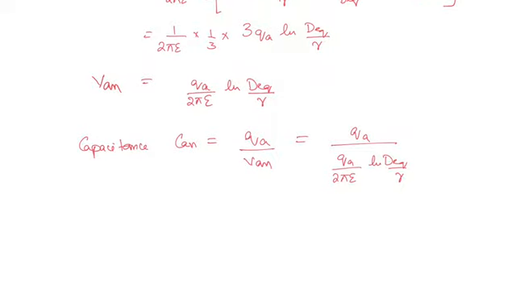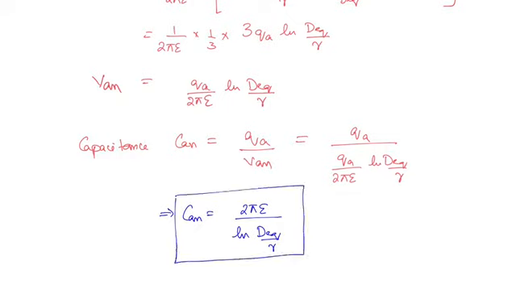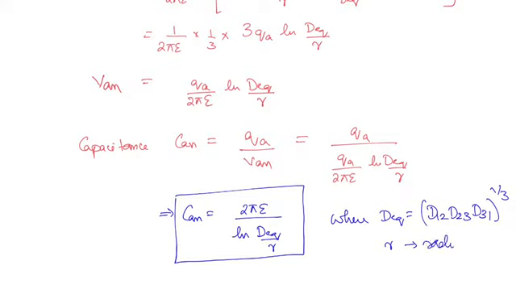The capacitance CAN is equal to 2 pi epsilon by ln DEQ by R, where DEQ is the geometric mean of the distances, right. D12, D23, D31 to the power 1 by 3, and R is the radius of each conductor.